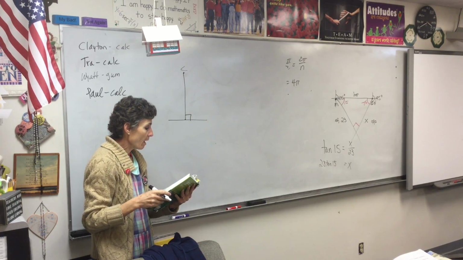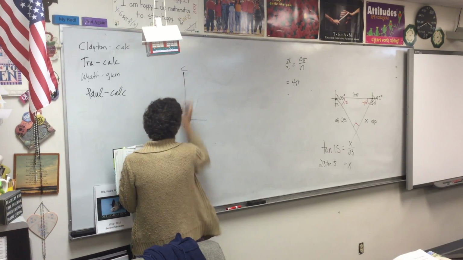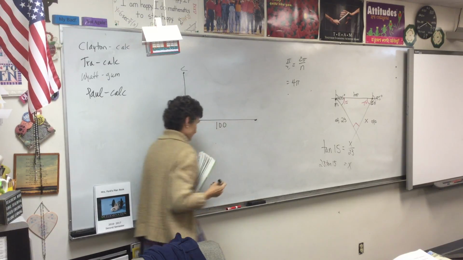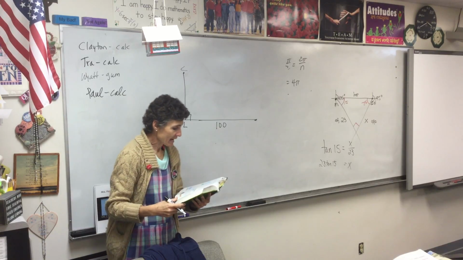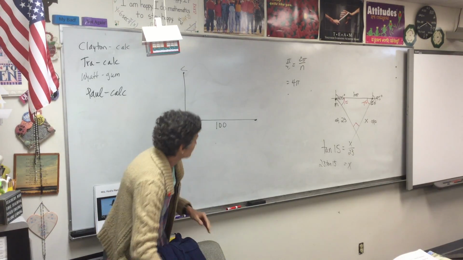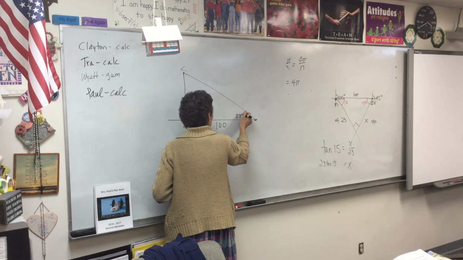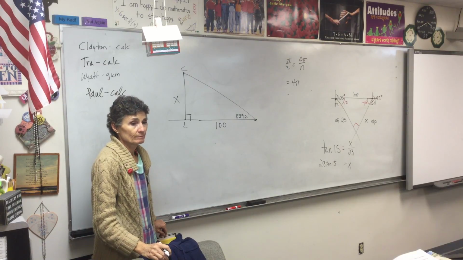From a point 100 feet away from the searchlight, here's the light shining up, you measure the angle of elevation to be 83°12'. So the angle of elevation is 83°12'. How high up is the cloud?